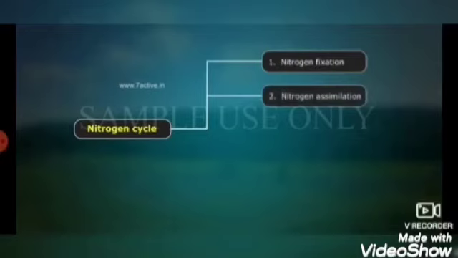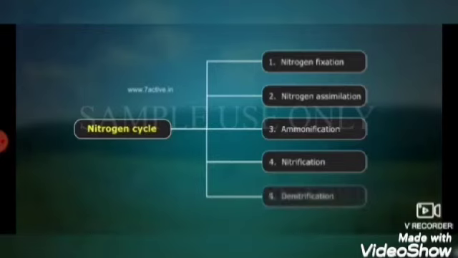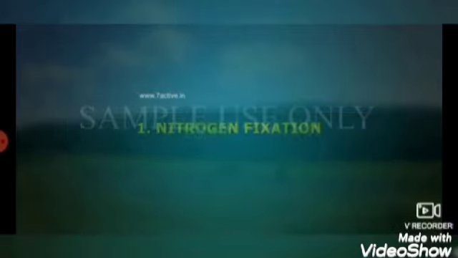It involves various steps: number 1, nitrogen fixation, number 2, nitrogen assimilation, number 3, ammonification, number 4, nitrification, next, number 5, denitrification. Well, plants cannot utilize atmospheric nitrogen, so it should be converted into a utilizable form, such as ammonia.